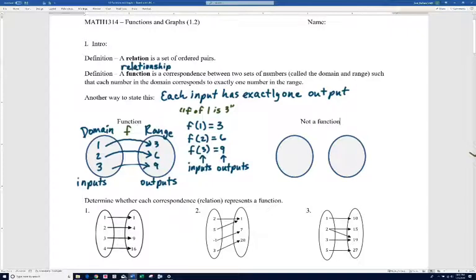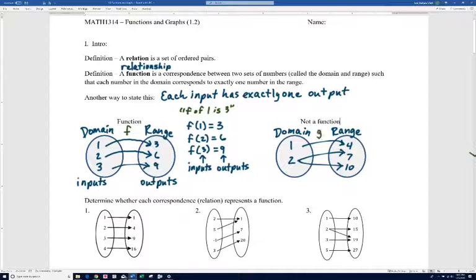So let's look at something that's not a function. Here's my domain and my range, and let's say in the domain we have 1 and 2, and 1 corresponds to 4 and 2 corresponds to 7, but 2 also corresponds to 10. So in this case, this is not a function.